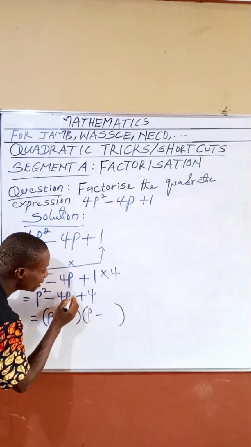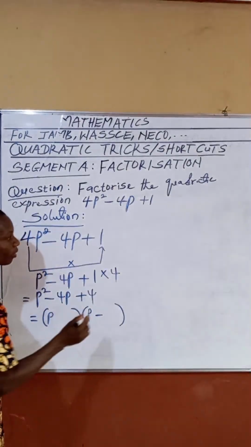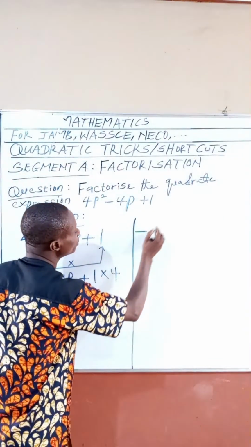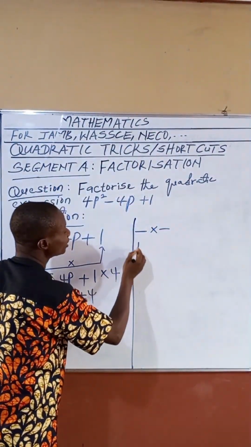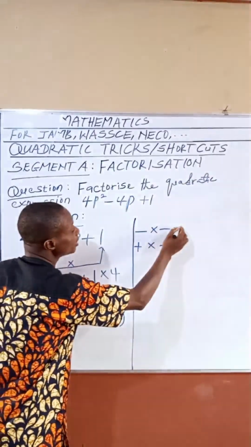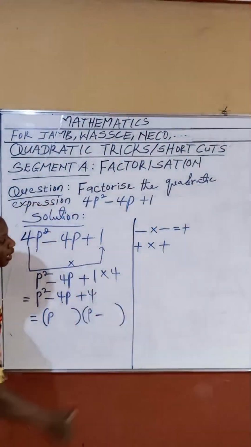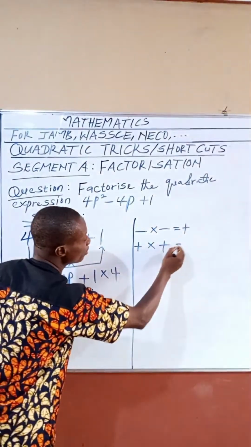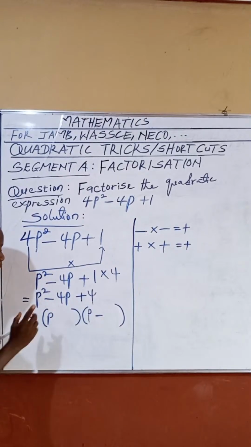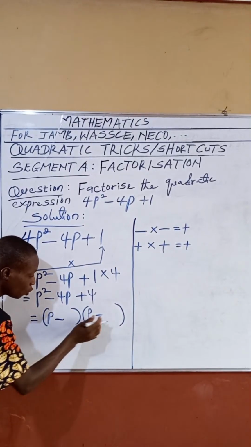This is what will tell you the sign. What will give us plus? The only two sign combinations that will give us plus are minus times minus and plus times plus. Minus times minus is plus, and plus times plus is plus. So that is why the two numbers must be the same sign. It's either minus minus or plus plus.